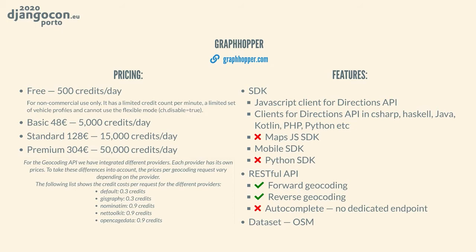Does not have native Python SDK, does not have Maps JS SDK, and does not have dedicated autocomplete endpoint. The dataset is provided by multiple sources, and depending on the source, you will be billed a different amount of credits.